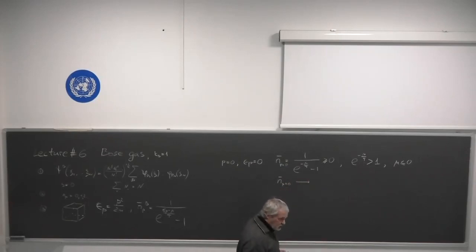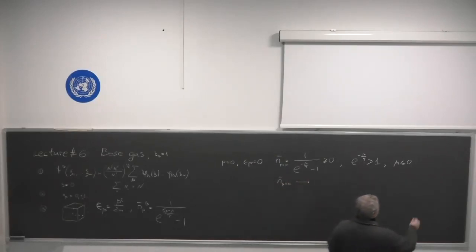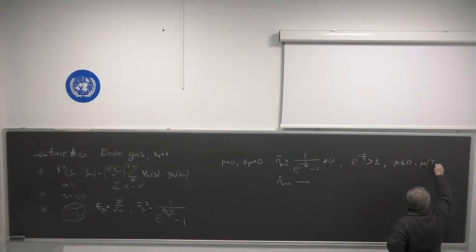We assume that there exists some temperature T node at which the chemical potential, I remind you that the chemical potential is a function of the temperature and density of particles. So this is a potential.